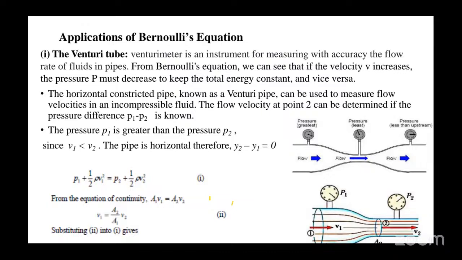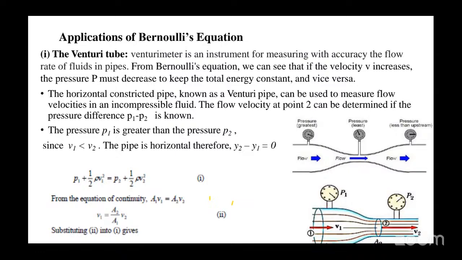So at point 1 the pressure is greater than at point 2, which implies that the speed at point 1 will be less than the speed at point 2. So we have the expression P1 plus half rho V1 squared is equal to P2 plus half rho V2 squared.